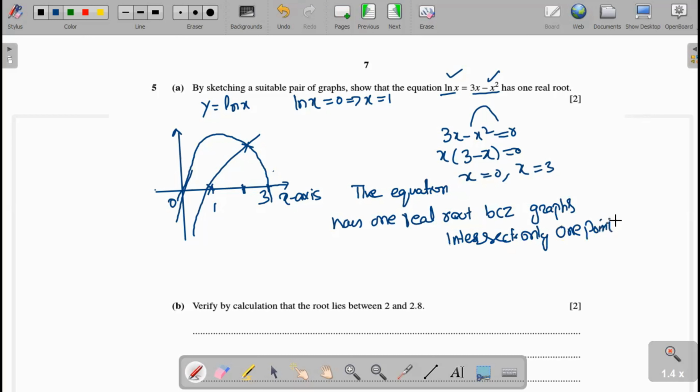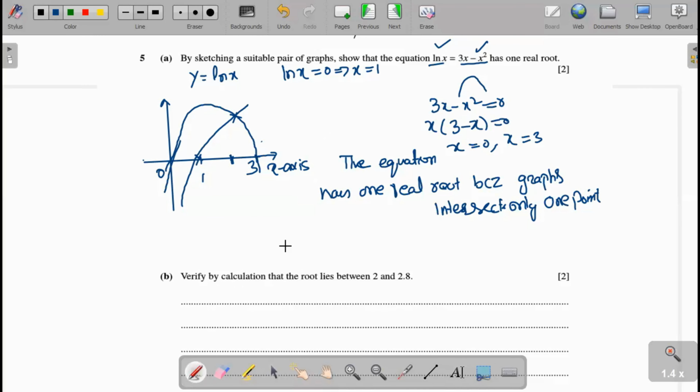Okay. Now part B, verify by calculation that the root lies between 2 and 2.8. Firstly, we make the function by shifting all values from the right side towards the left side. The value ln x minus 3x plus x squared is equal to f of x.